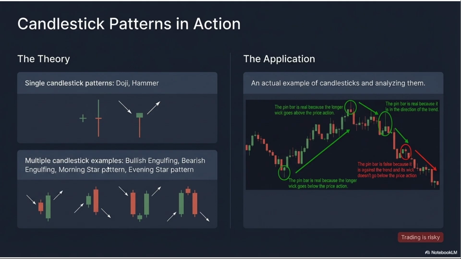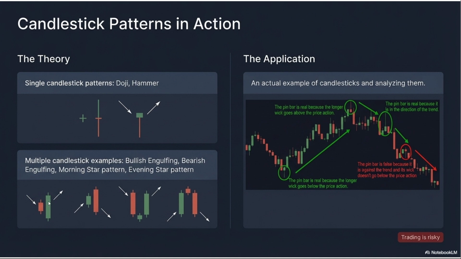And we have multiple candlesticks, for example engulfing, because this small candlestick got engulfed by the big green candle. It means the sellers became weak after coming down. After the price coming down for so much time, the sellers became weak.